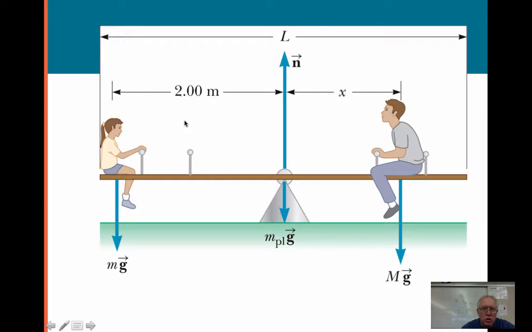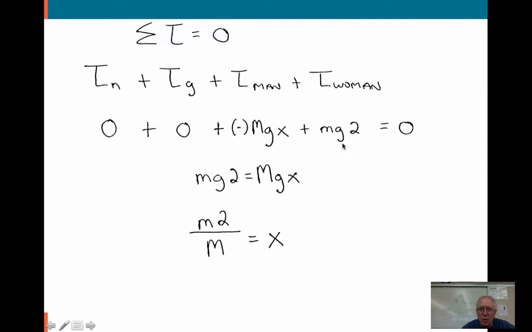So that's the force multiplied by the radius, which we now know as torque. So there is her value, mg2. All these things have to add up to 0, so I can say that mg2 is equal to capital Mgx. I can get rid of the g's, and here is my value for x.